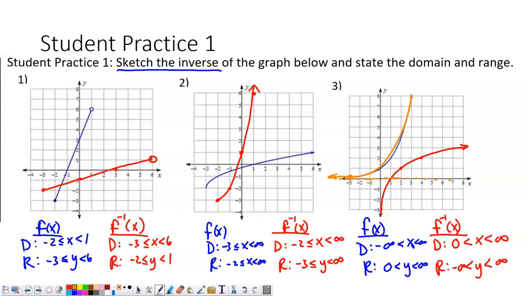So when I flipped it, I just put a point at 0, -3. But really it doesn't touch that point. What's happening is this one's getting closer and closer to a vertical asymptote. And that's because it got flipped and reversed. And that's why on our domains and ranges here, it doesn't actually equal 0. It just gets closer and closer to 0. So there's that one. All right.